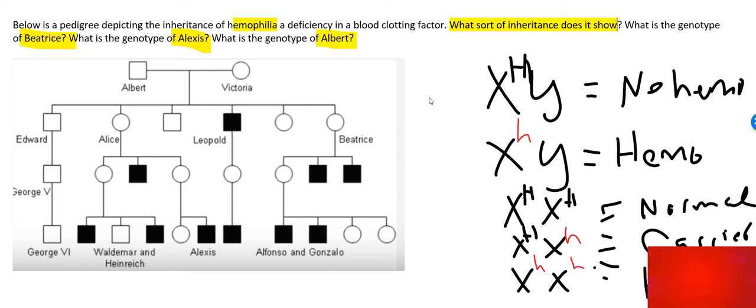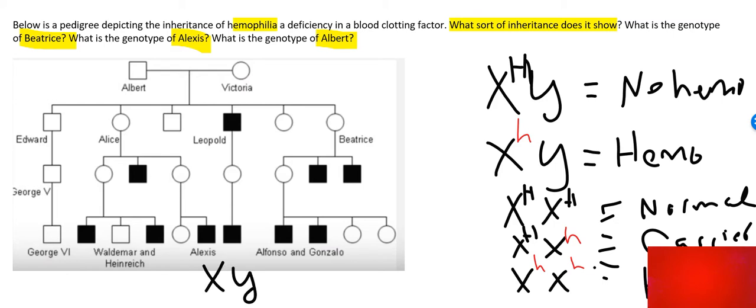the genotypes for boys are easiest in an X-linked recessive, because if they don't have the disease, you know that they have the uppercase version, the dominant normal version. And if they do have the disease, their genotype has to be X lowercase h Y. It can't be any other way. So let's start with Alexis.